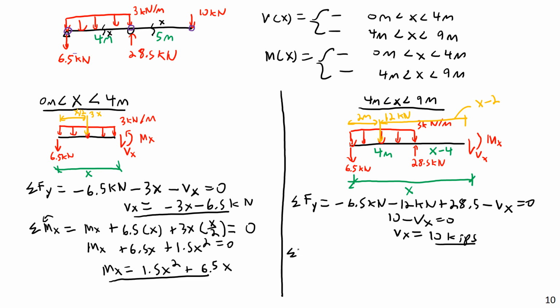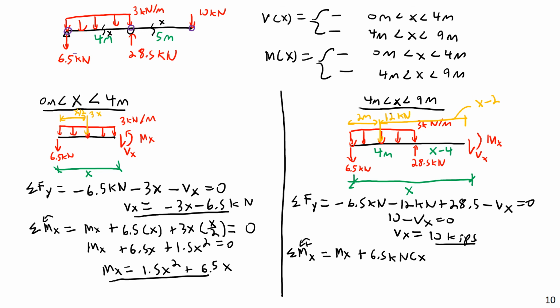Then I can take a summation of moments about point x again. And this one's hopefully fairly straightforward. I'll have 3 things here. First, I'll have my Mx, the actual moment at point x. I will have the positive moment from the 6.5 kilonewton force, so 6.5 kilonewtons, not kips, times the moment arm length of x.